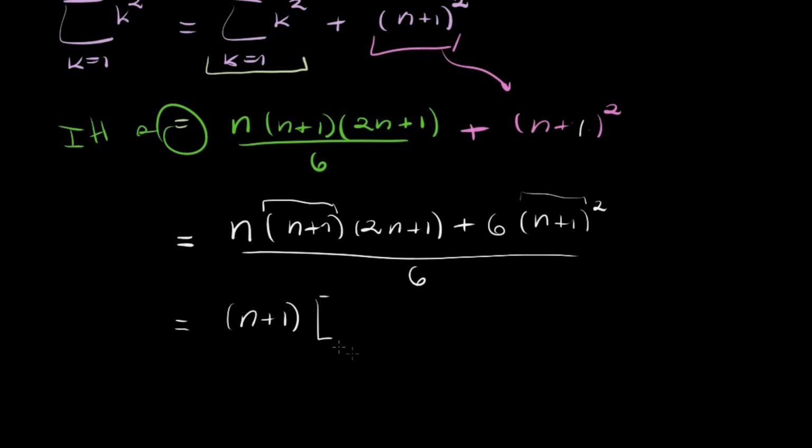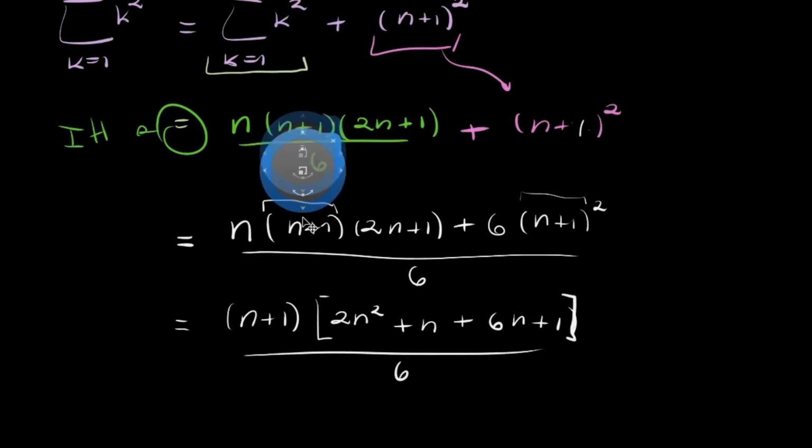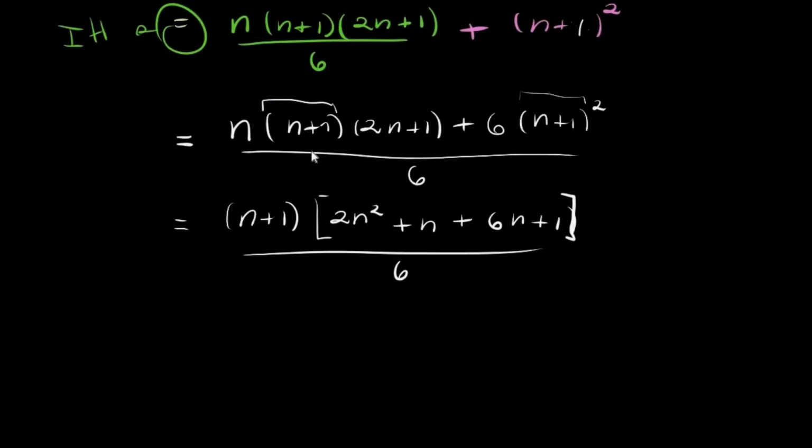So n times 2n plus 1 is 2n squared plus n, plus 6n plus 1, all this divided by 6. We continue solving n plus 1, and this is 2n squared plus 7n plus 1.